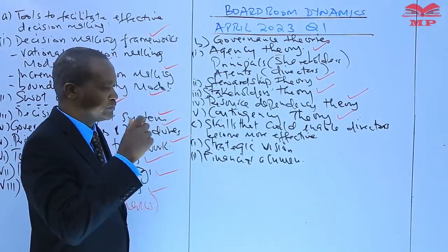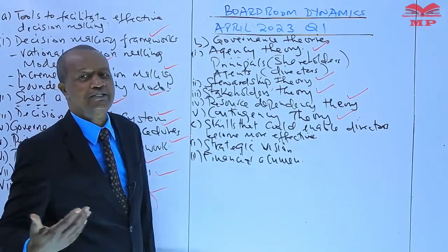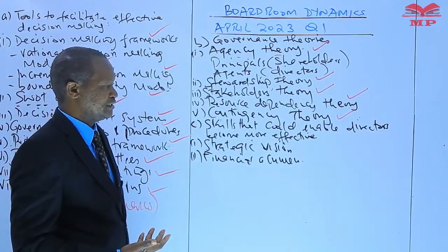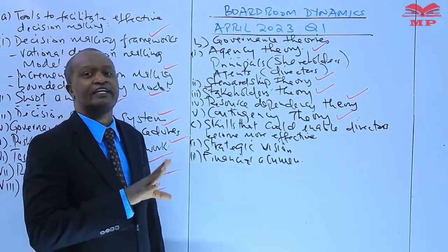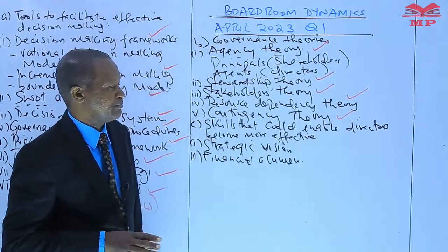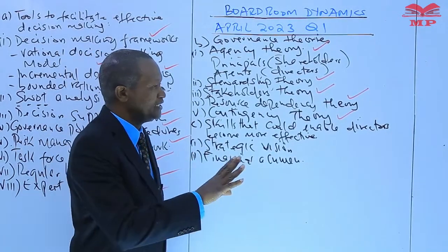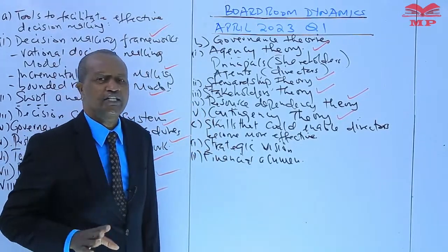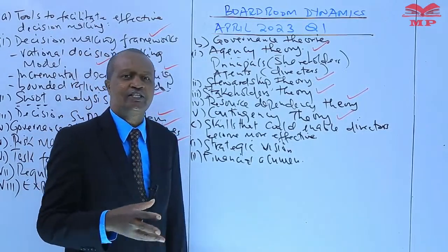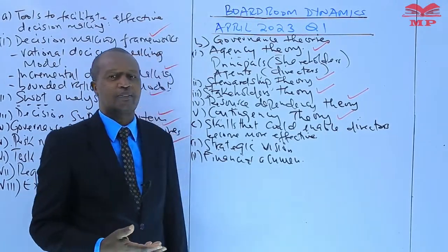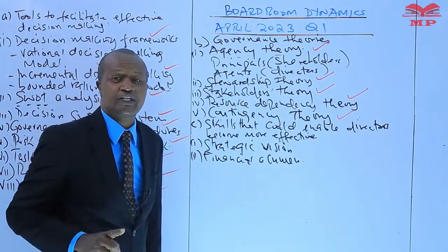Directors may be called upon to make decisions related to investment, and by the very nature of their job to analyze financial statements that are prepared by the accountants of the company. And to analyze financial statements, one needs to have financial acumen. That's a very important skill that could enable directors become more effective.